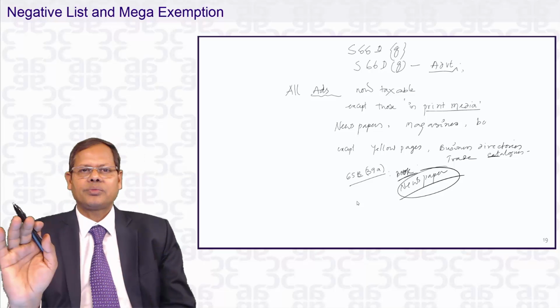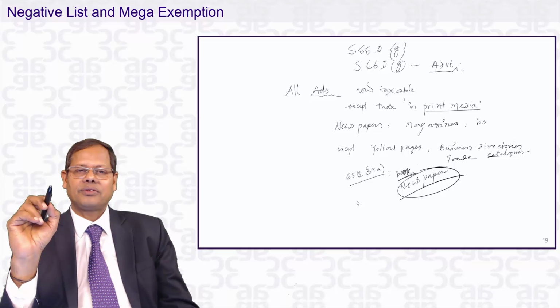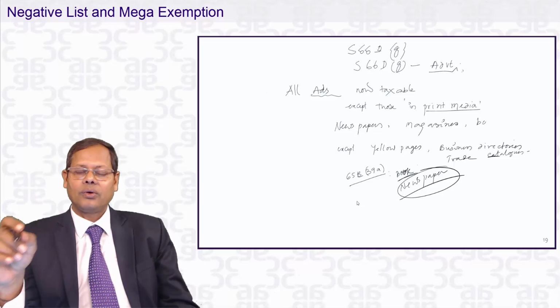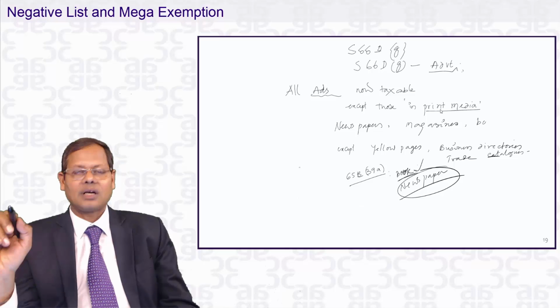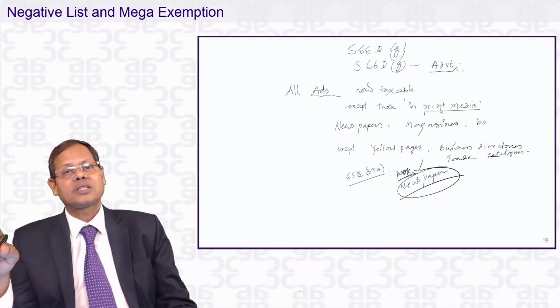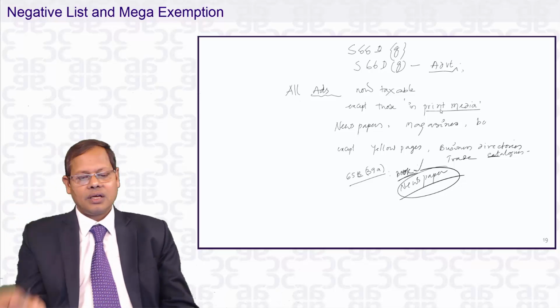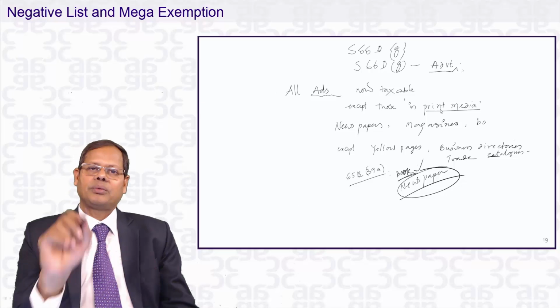All other advertisements, you name it and you have it. Earlier so many types of advertisements were under the negative list. Now only newspaper and books are under the negative list. That too, trade catalog, yellow pages and business directories are not considered to be books by the further definition. So service tax is still payable on them.